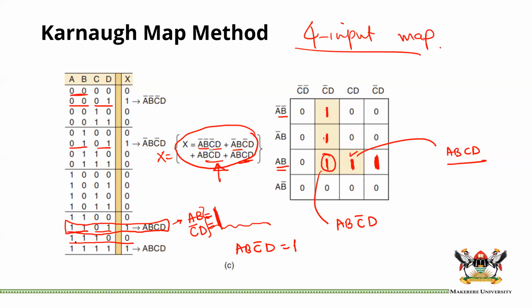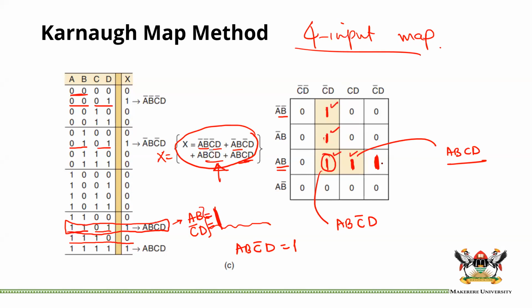Then we know that AB and C inverse D is a 1. The next one is A inverse B and C inverse D, that's a 1. And then A inverse B inverse and C inverse D, that's a 1.